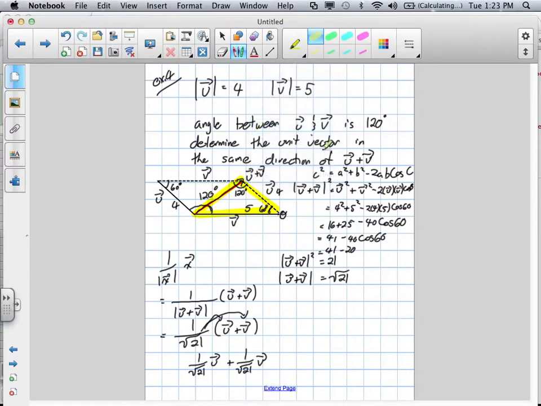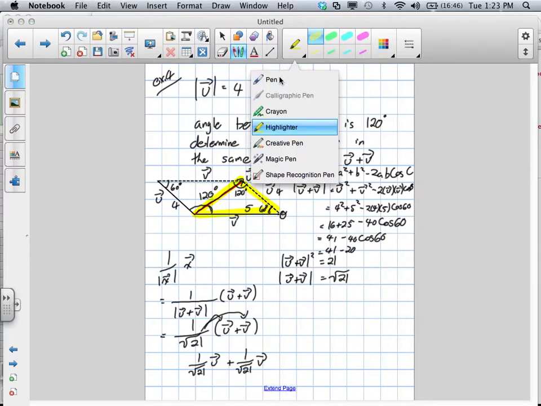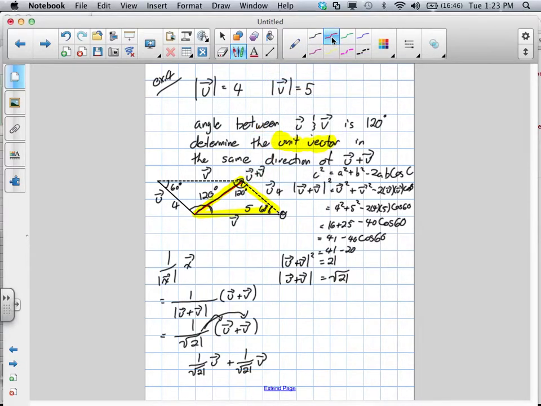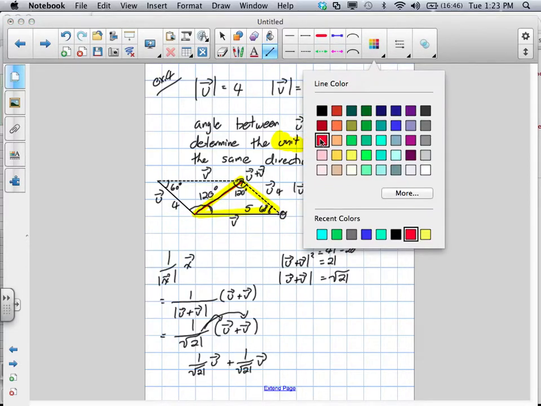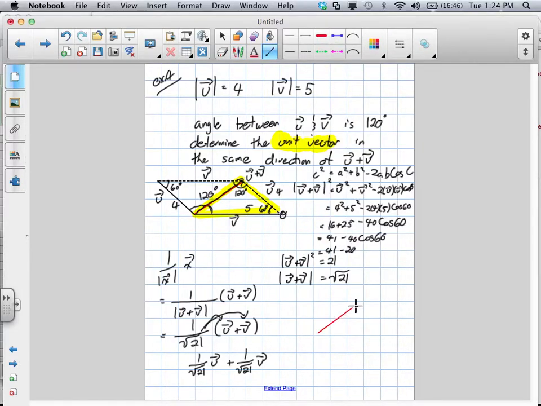So it has to be a scale of 1. We said this was a unit vector. Okay? So because this distance here, and I'm just going to draw it out again in red here. This is our u plus v vector. We know it's of magnitude root 21.